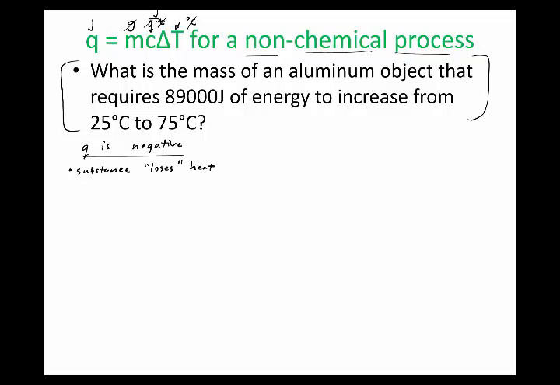It just changes direction from system to surroundings or surroundings to system. So when the substance loses heat, Q is going to be negative. Some other synonyms for lose that we could see in a word problem are that the heat energy decreases, so watch out for that term.